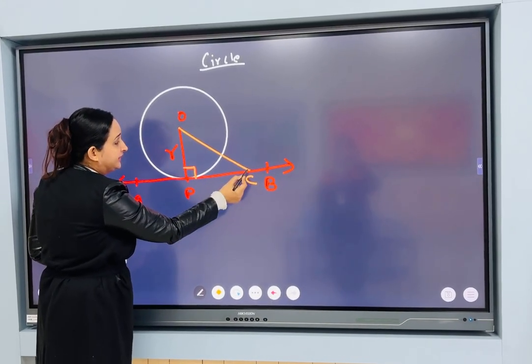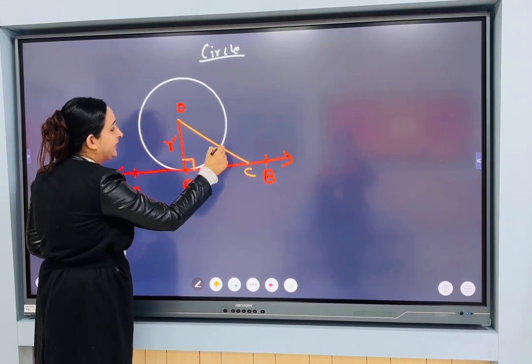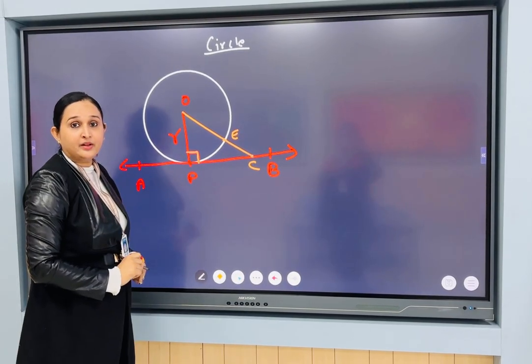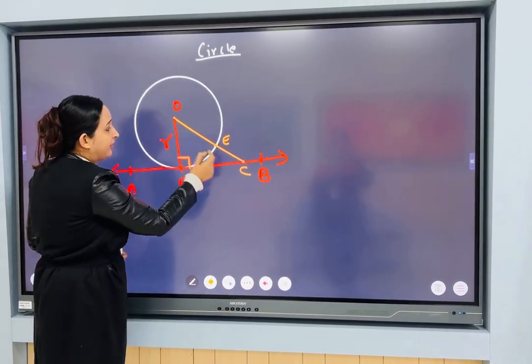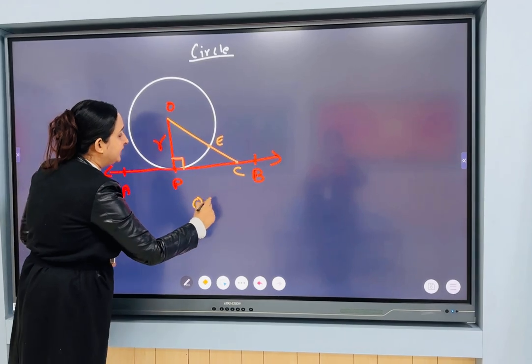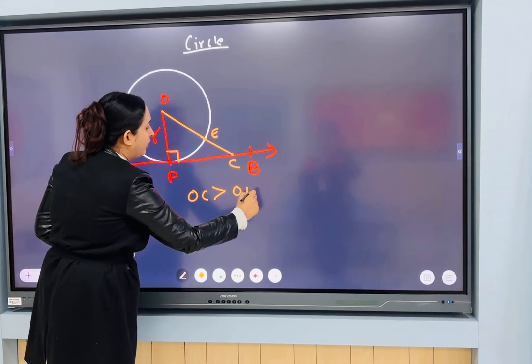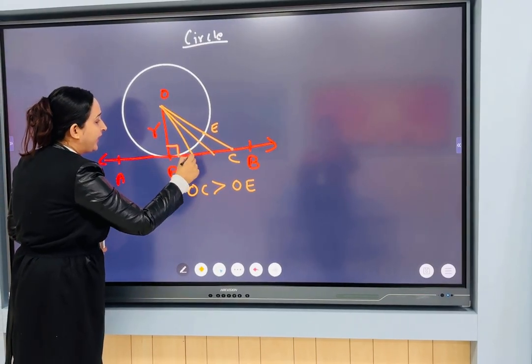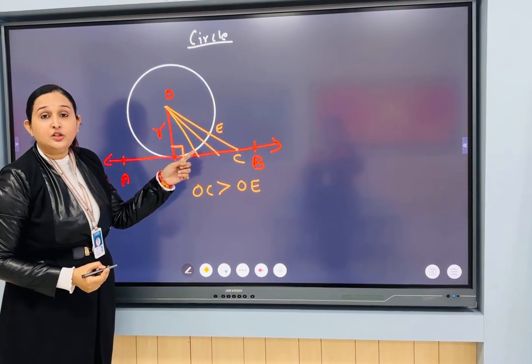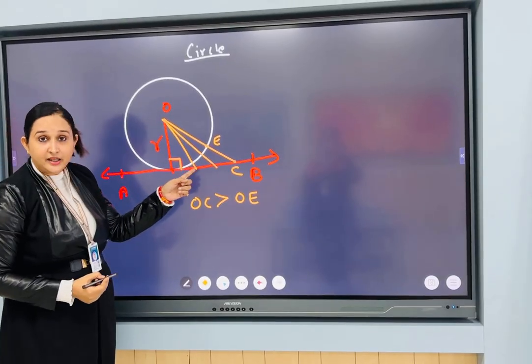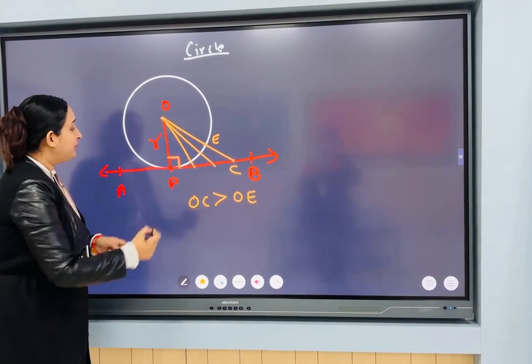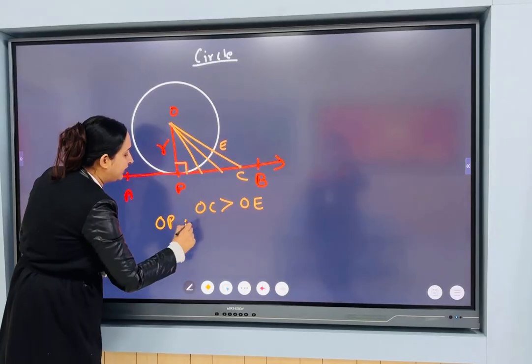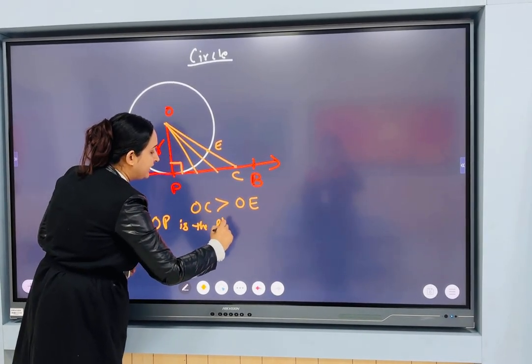Now this OC is definitely greater than OP, right? Why? As per the length, OC is greater than OP. If we take any point anywhere, then definitely it's going to be greater than the radius, which means that OP is the shortest distance.